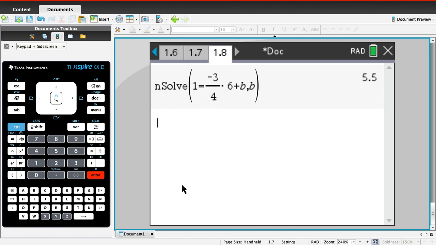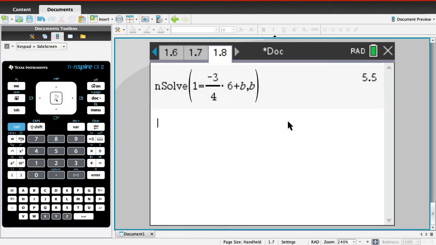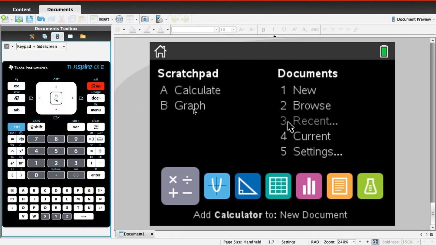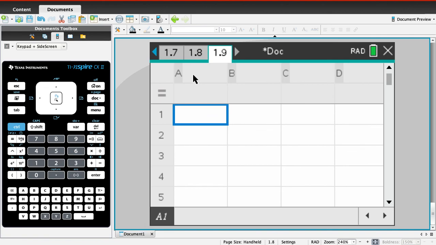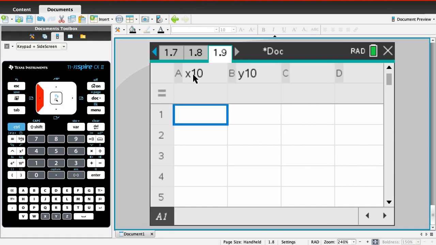Now, alternatively, I could have run a linear regression in order to find this because they gave me this point and this point. So let's do that as well, just to verify. So I'm going to go ahead and run my spreadsheet. These are going to be my x's from problem number 10, y's from problem number 10. And over here I have -2, +6, +7, +1.